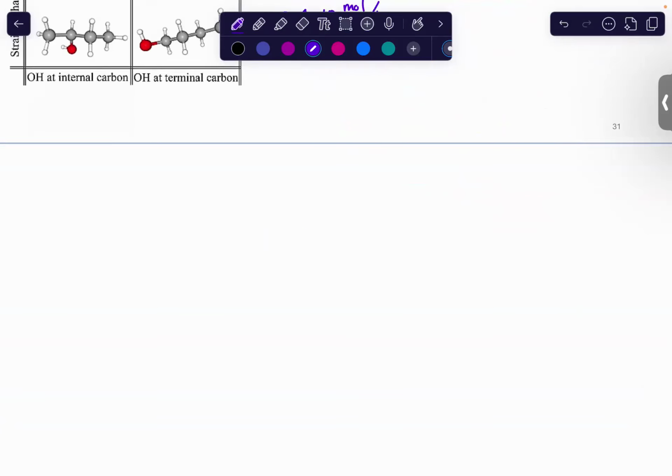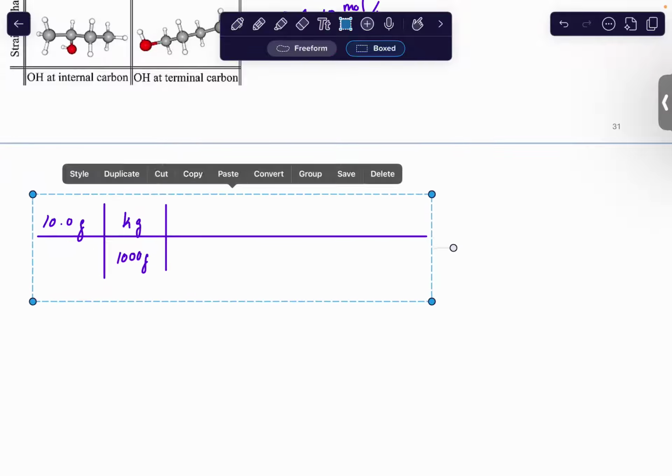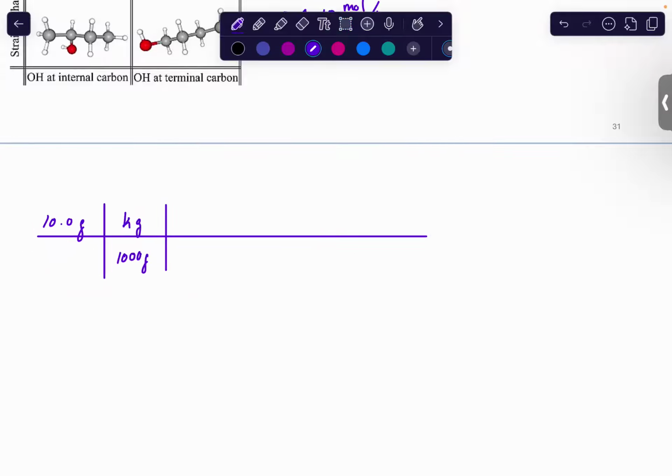Okay, so and I can do this as one long calculation. Maybe give myself a little more, crowd it like that. Okay, so then I have 0.10 moles H2O per kilogram.